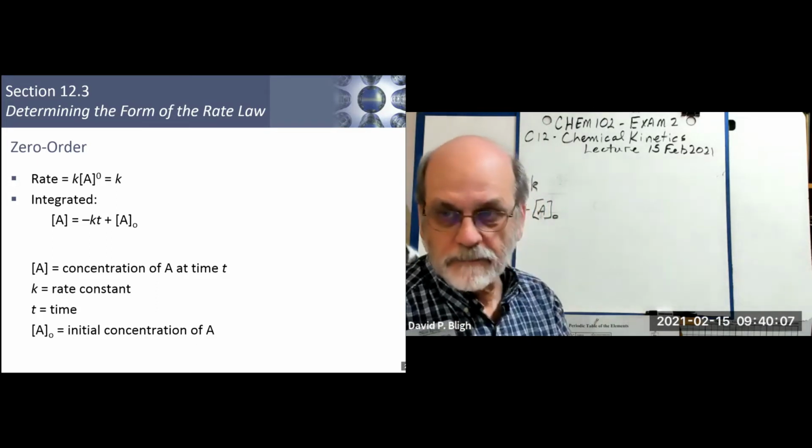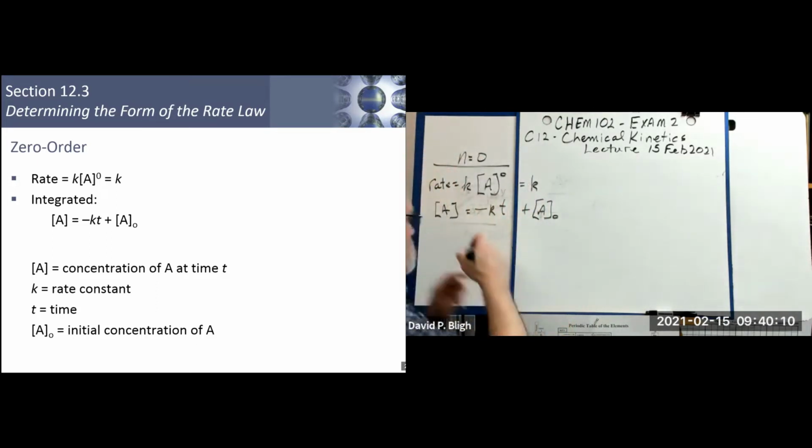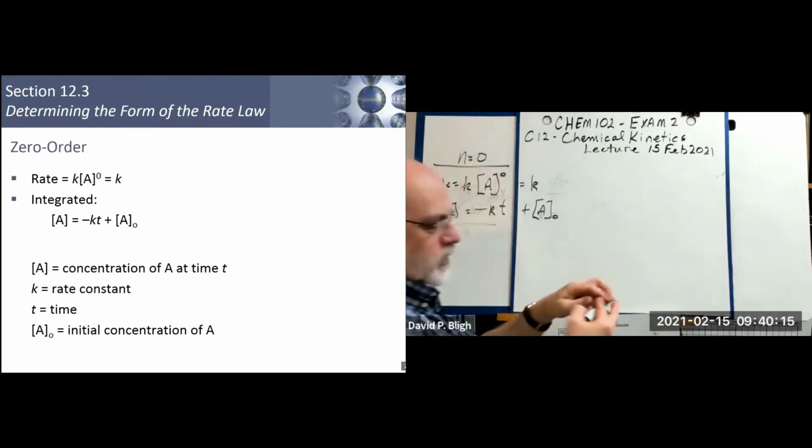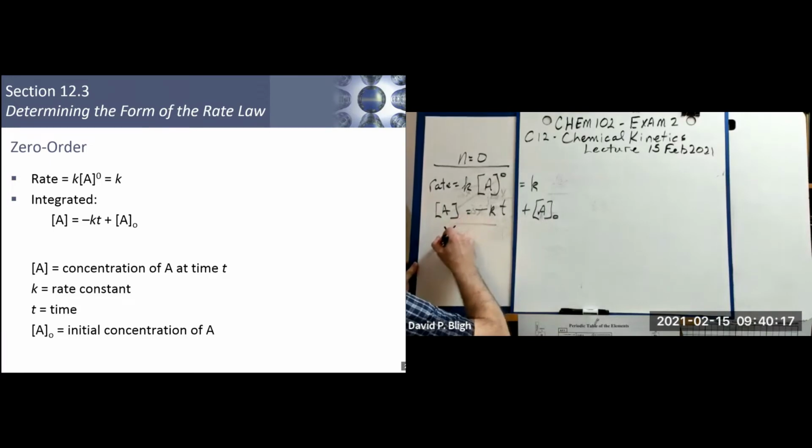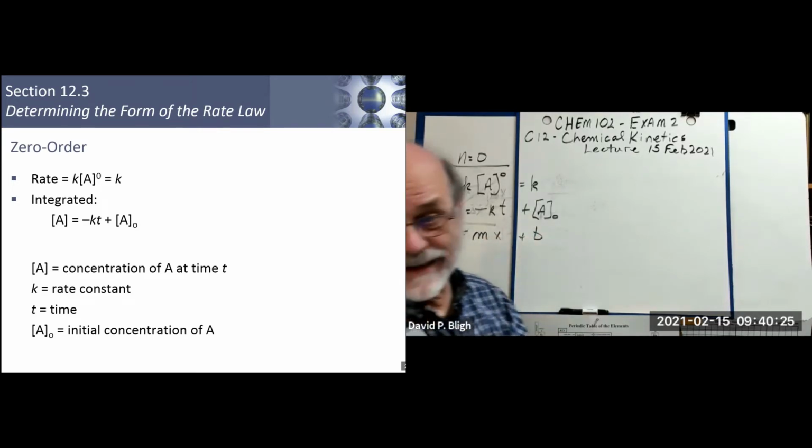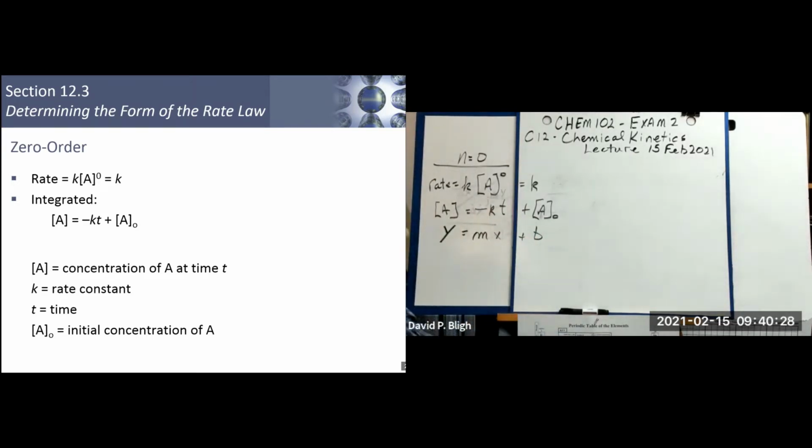For zero order, that's a straight line. Y equals mx plus b. There's your y. There's your m, a negative k. There's your t, which is the x value. And there's your y-intercept.